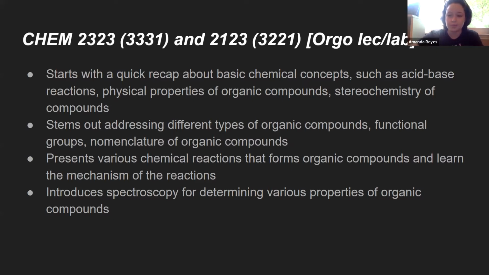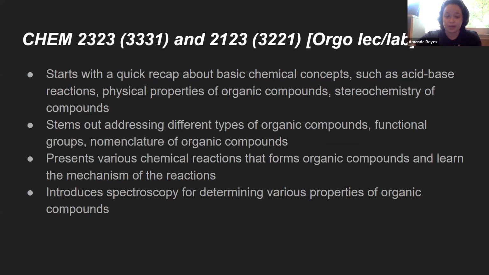So first, I'm just going to talk about what the class goes over. It starts with a quick recap of what you did in Gen Chem, such as acid-base reactions, physical properties of organic compounds, and stereochemistry. Then it starts talking about different organic compounds, functional groups, and how to name these compounds.